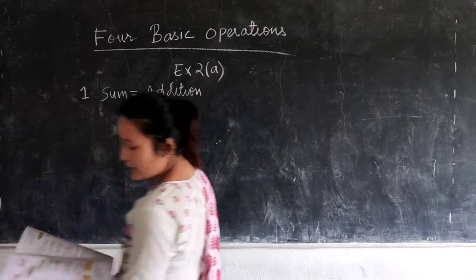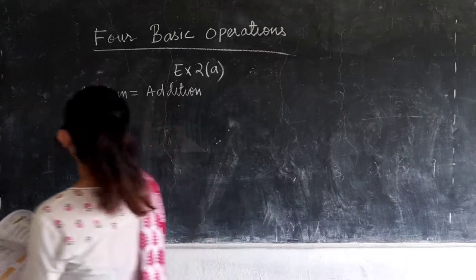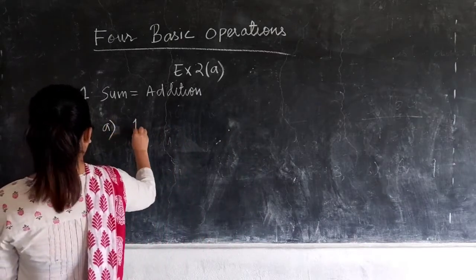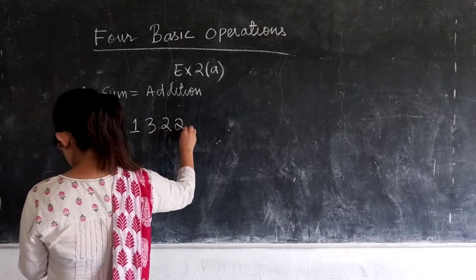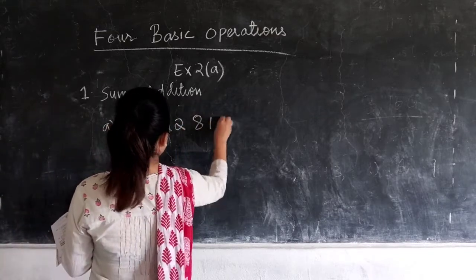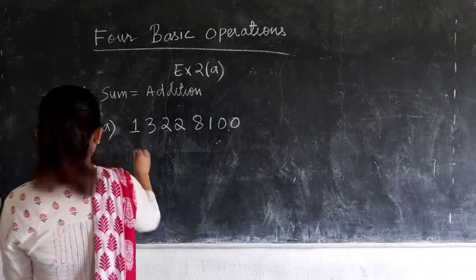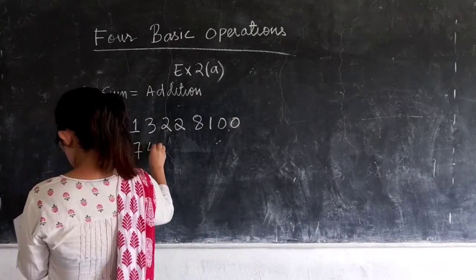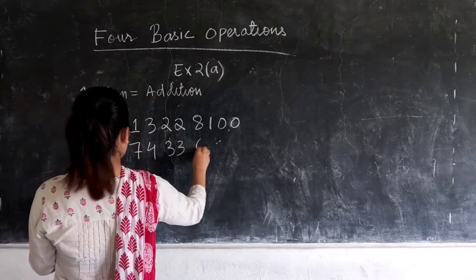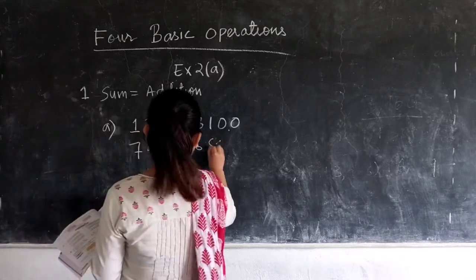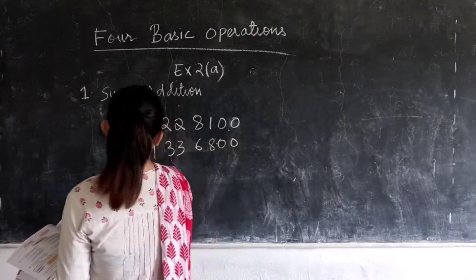So you are given set of numbers. Let's take question number 1. 1, 3, 2, 2, 8, 1, 0, 0. Another one is 7, 4, 3, 3, 6, 8, 0, 0.